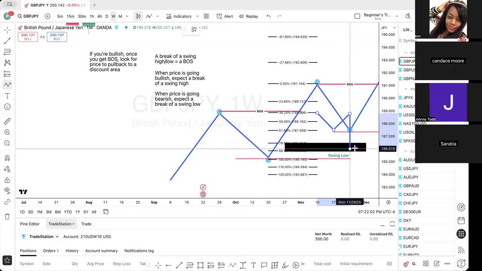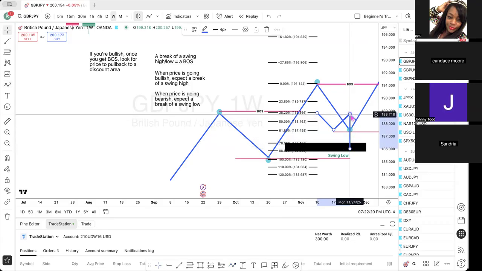It's almost like it is a zone where it creates liquidity, meaning equal lows or equal highs that it's going to come back and get. Now, price doesn't always come back to the 78, but I think it's about a 50-50 chance that price may come back to the 78.